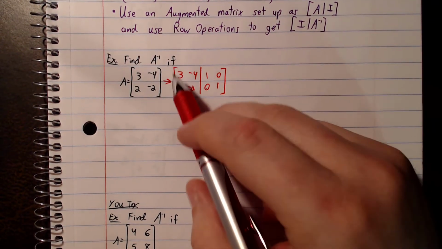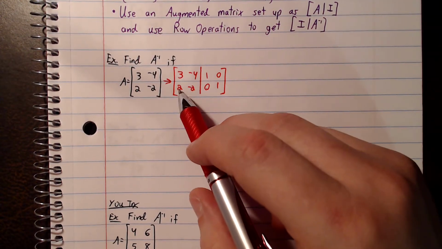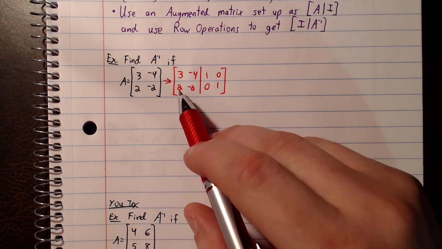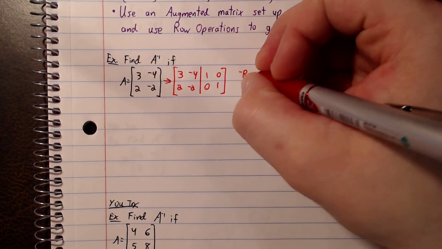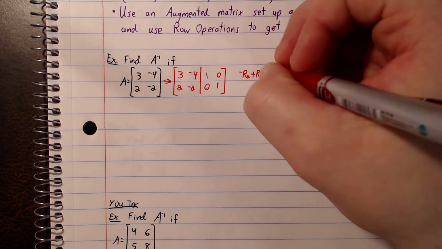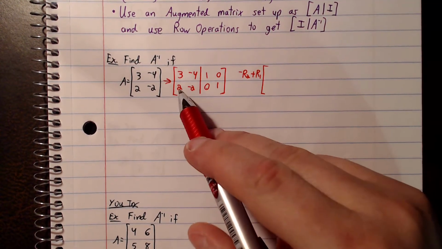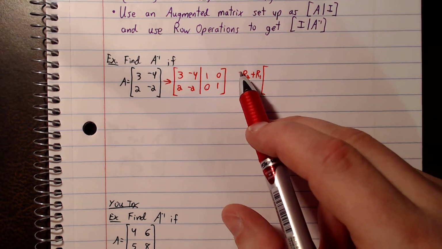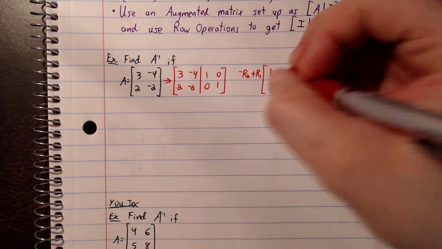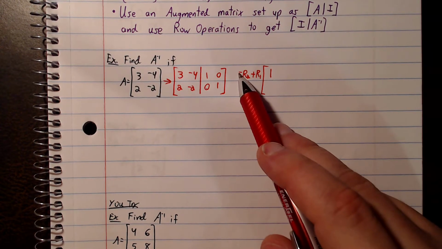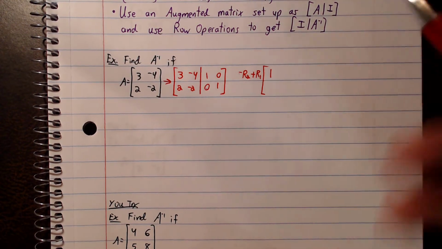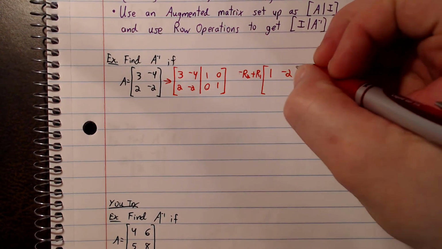So I'm going to get rid of this 3, make it become a 1, by adding negative of this row. Right? If I do negative row 2 plus row 1, 2 times -1 plus 3 is 1. So that just went away. -2 becomes +2 plus -4 is -2.